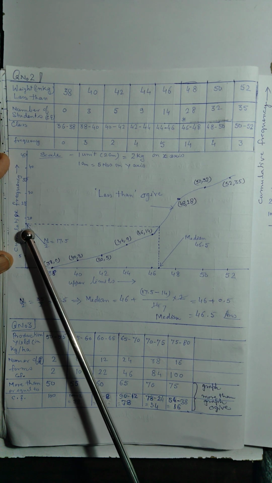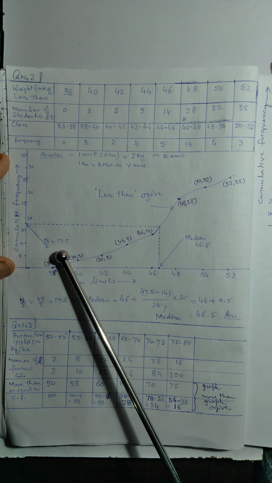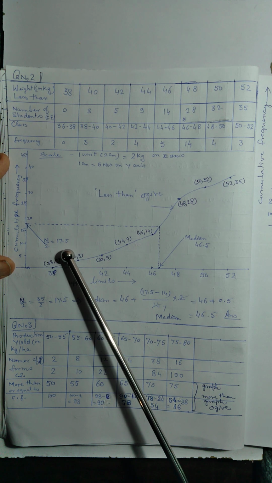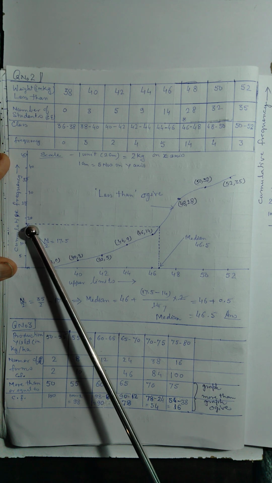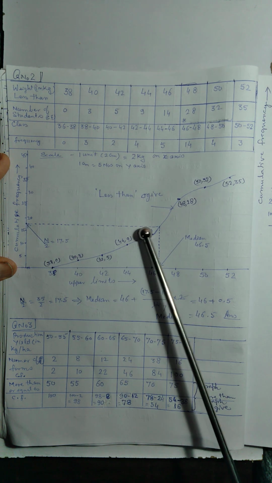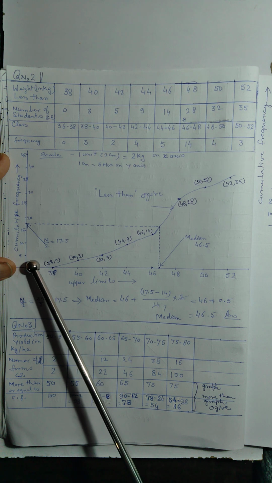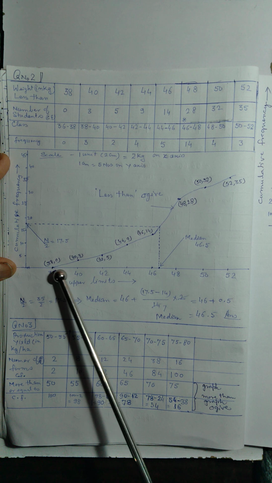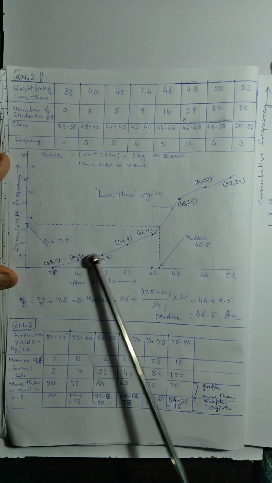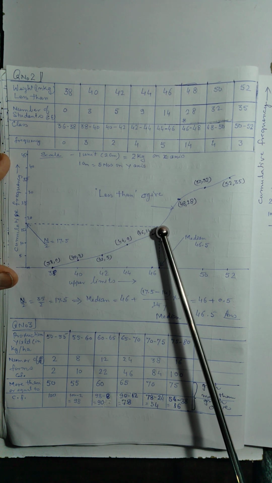Now n by 2, I have represented it along the cumulative frequency, that is 17.5. So it is coming here. From here you draw a parallel line to the x-axis, and that cuts the ogive curve at this point.